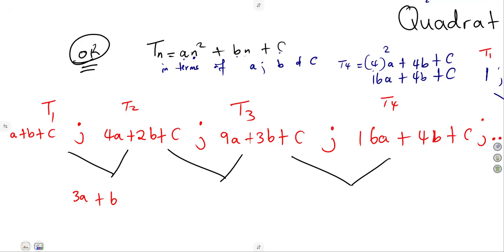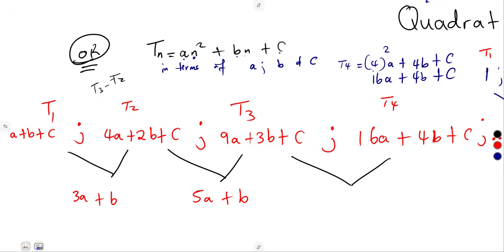T3 minus T2. This is where we are now. T3 minus T2. So we subtract the a on its own. 9a minus 4a. So 9 minus 4, that's going to be 5a. 3b minus 2b. 3 minus 2, that's what? That's 1. So it's going to be 1b. And c minus c, that's a 0 there. It cancels.